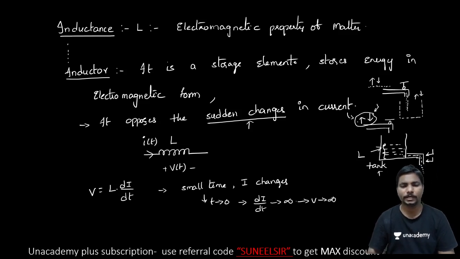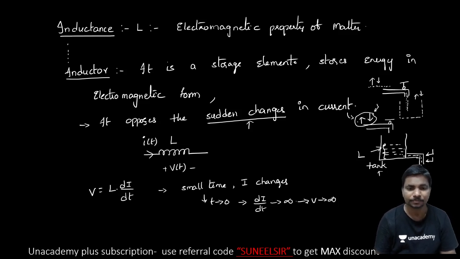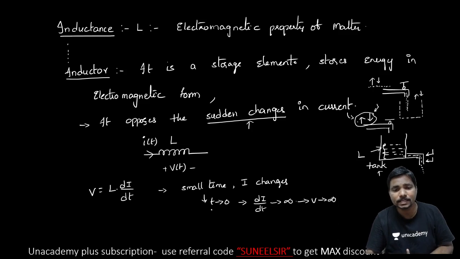All of you getting my point? If the current changes in a small time, that means the time is 0, and anything divided by 0 means infinity. So the voltage is infinity. That means if the current changes through the inductor in a small time, we have to get infinite voltage.